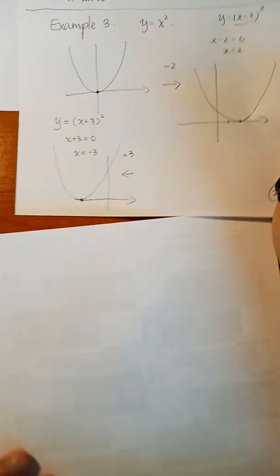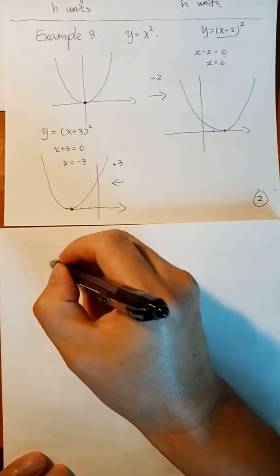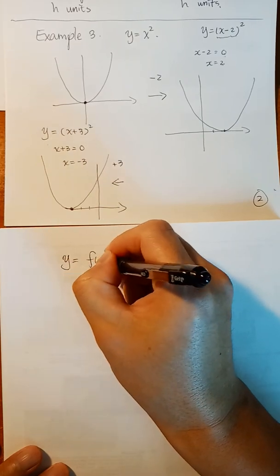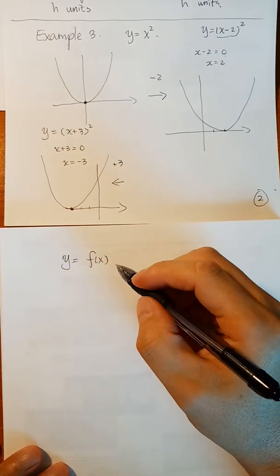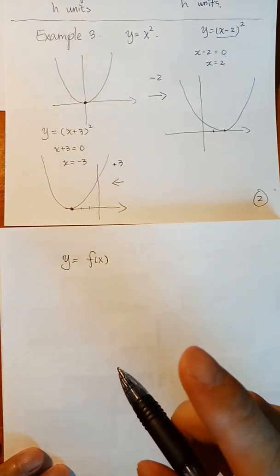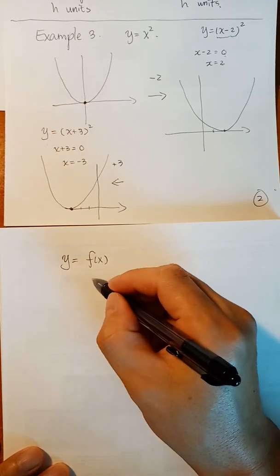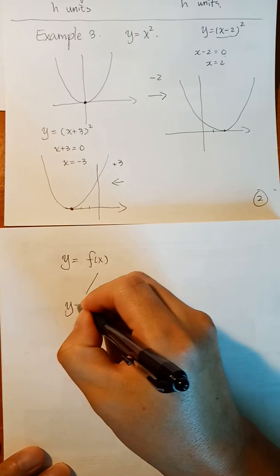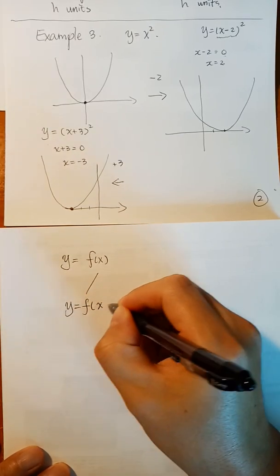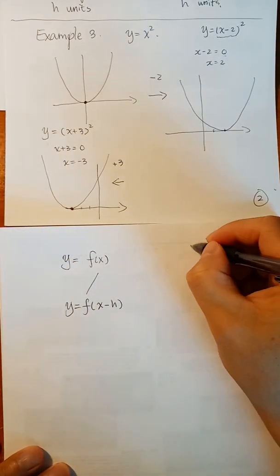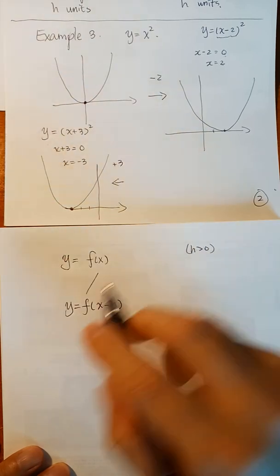So to make it abstract, we have the following. Originally you have f(x). Now we are trying to manipulate x. So we have 2 cases. If you have x minus h, where h is positive. We always consider h positive.